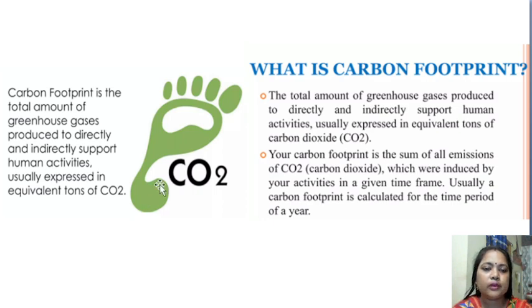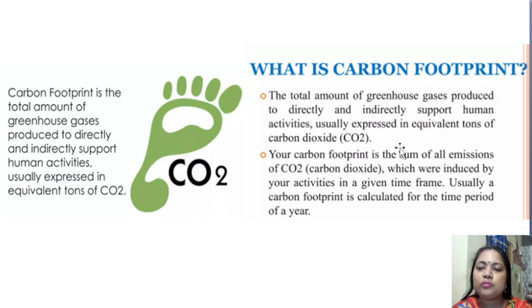usually expressed in equivalent tons of carbon dioxide. You see here one foot, because the topic's name is carbon footprint, that's why this picture. The total amount of carbon dioxide that puts its print on the ecosystem is represented as carbon footprint.